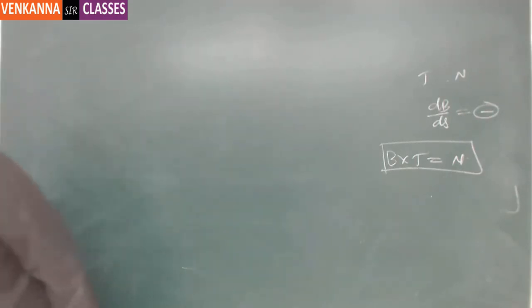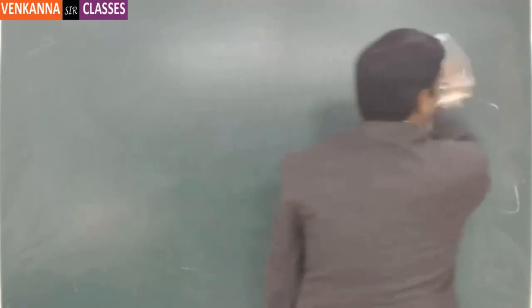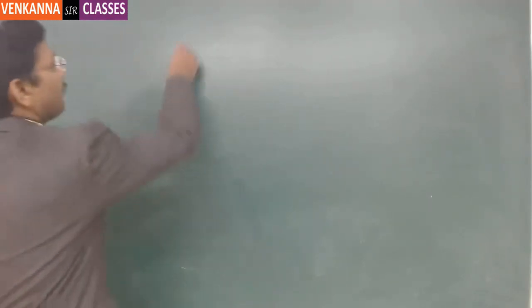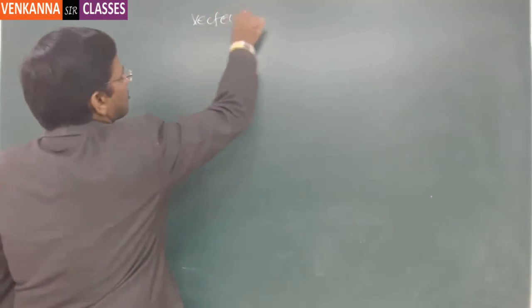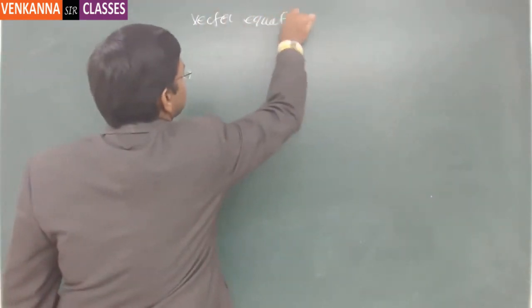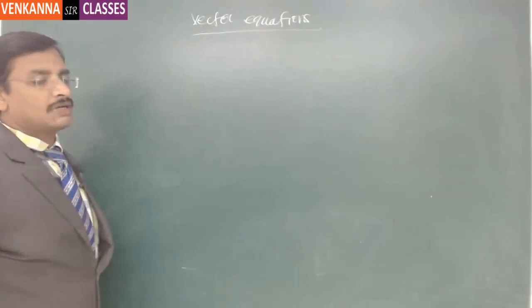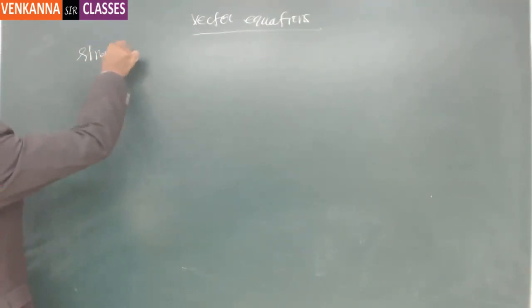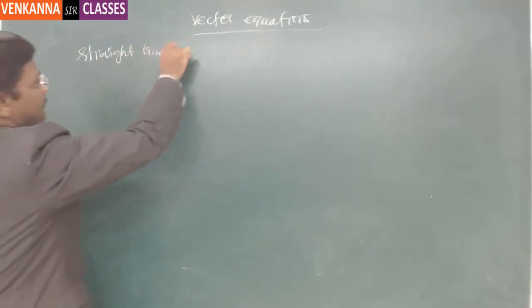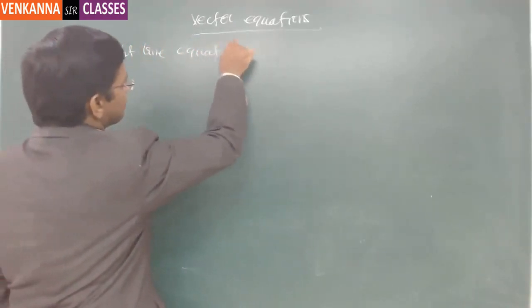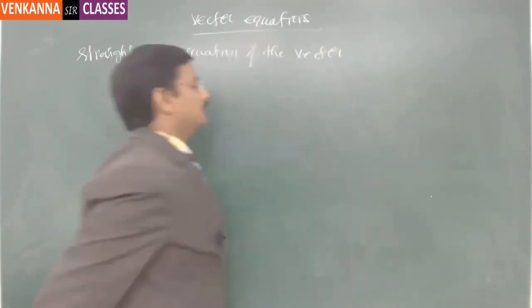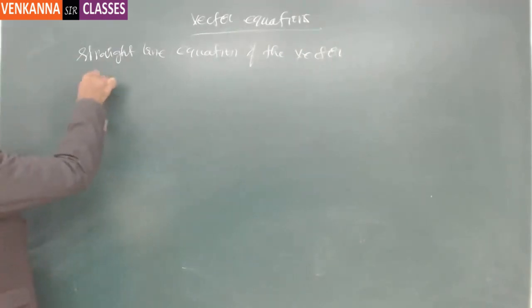So the vector equations are, so vector equation of a straight line. This is one of the equations we are going to use sometimes. So one is the straight line equation of the vector. Another is the plane equation of the vector.